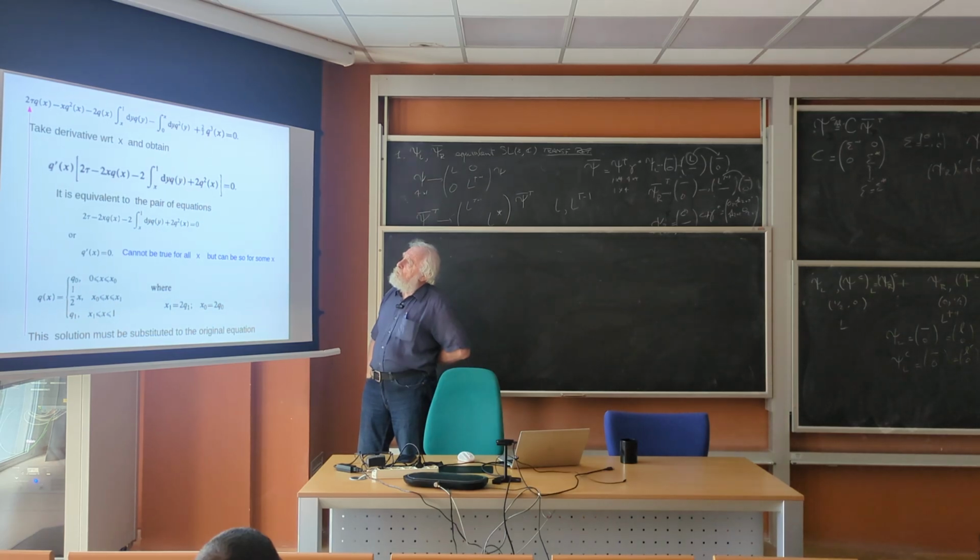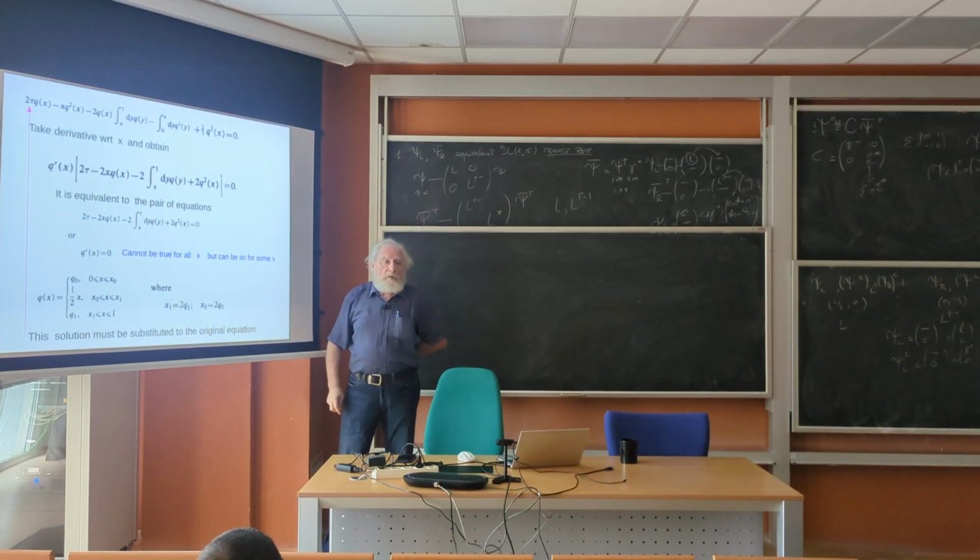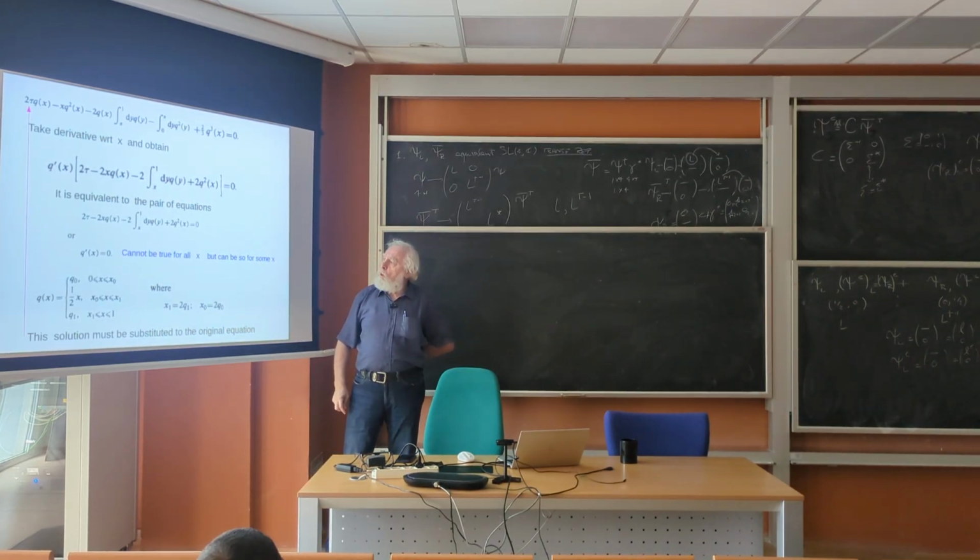And because it is a product, either one multiplier or another should be 0. So either the expression in brackets is 0, when we have this equation, or q prime of x is 0.